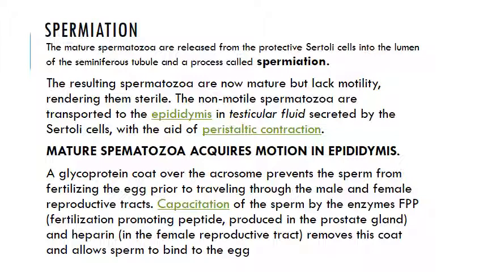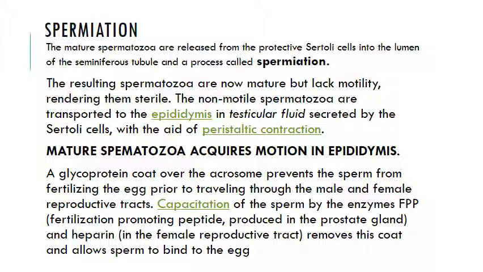Initially, these spermatozoa are immotile. They are carried towards the epididymis by the testicular fluid, and there is peristaltic contraction to favor the movement of the spermatozoa.